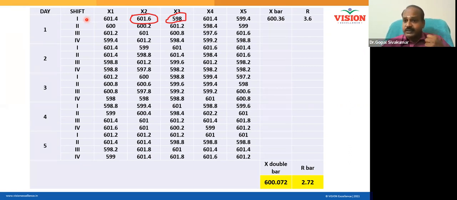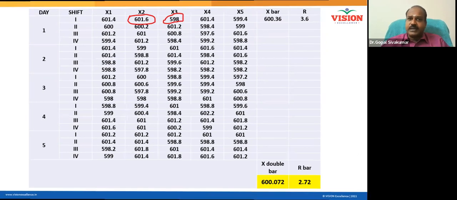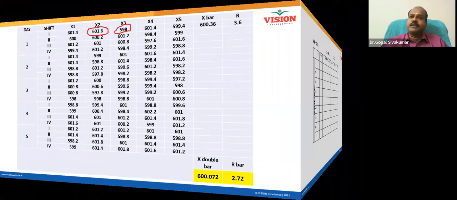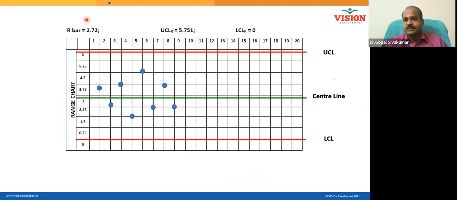So the lower the range, the more the consistency. That is why I look at the range. And I could see my range is completely under control. It means my process is going good with respect to the variation within every shift. The first shift variation under control, second shift variation under control, third shift variation under control.